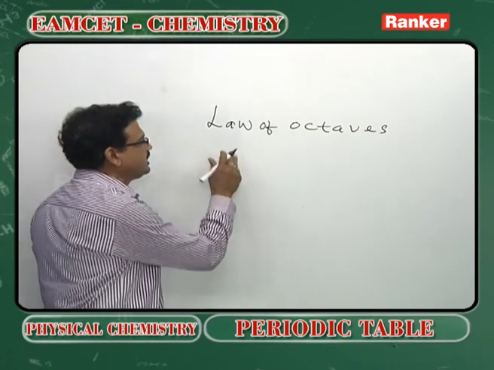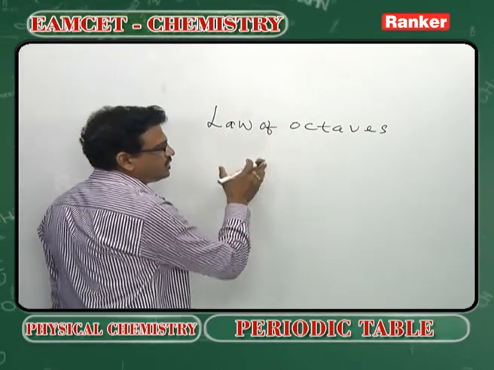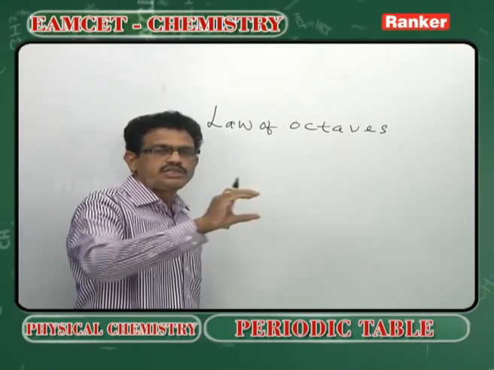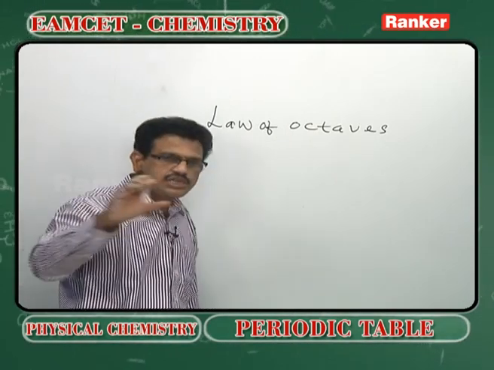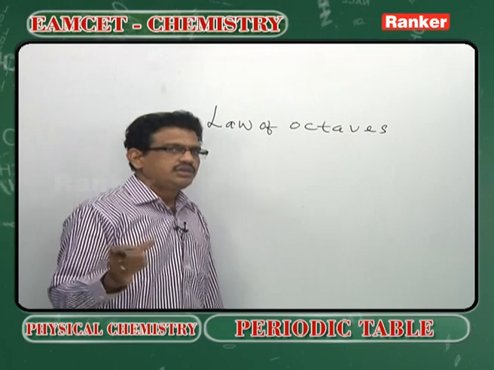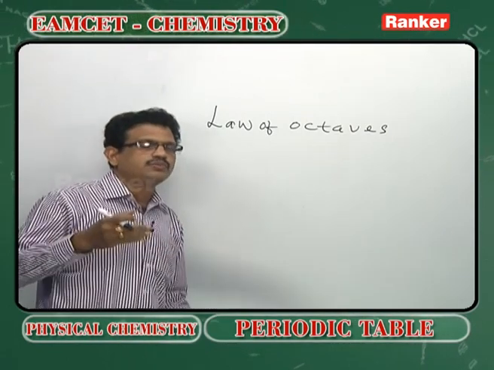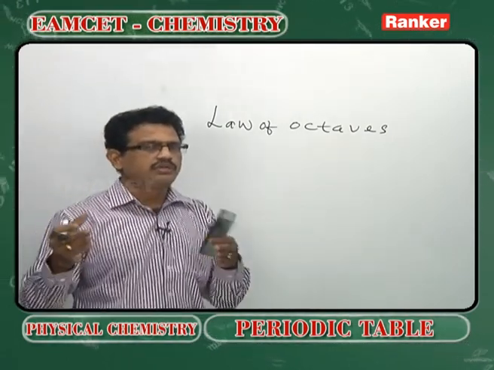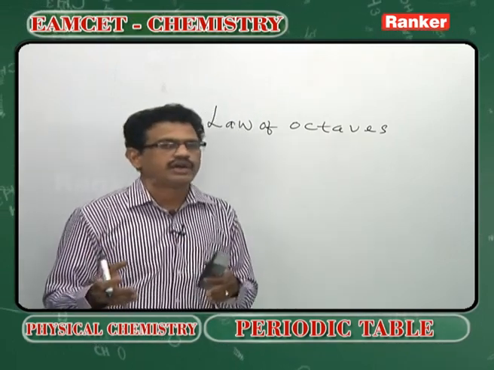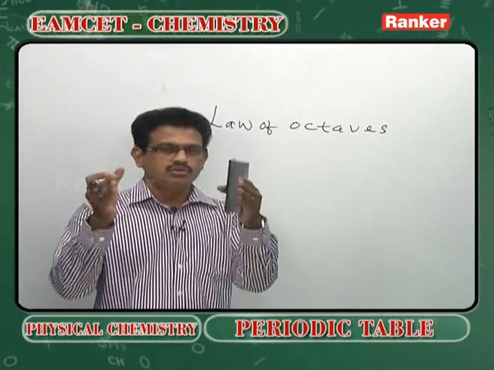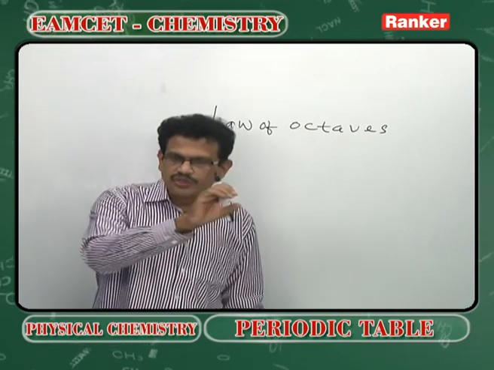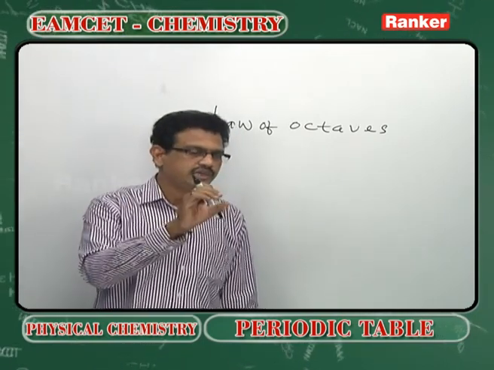It was given by Newland, who proposed the known elements of that time into a series of 8 elements. Up to atomic weight 40, or otherwise up to calcium, we were able to arrange known elements in the form of an 8 elemental series.